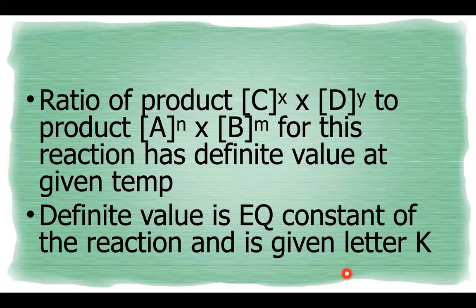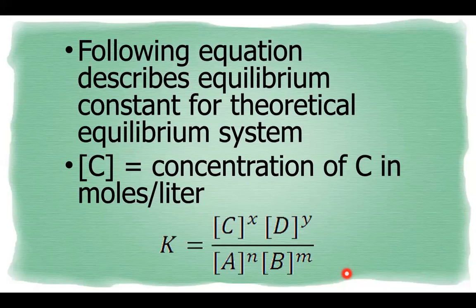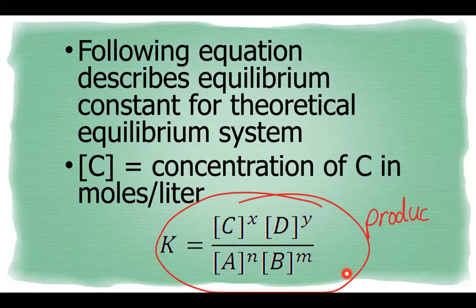The definite value is the equilibrium constant of the reaction, and it's given the letter K. So this is your equilibrium expression. It is products over reactants.